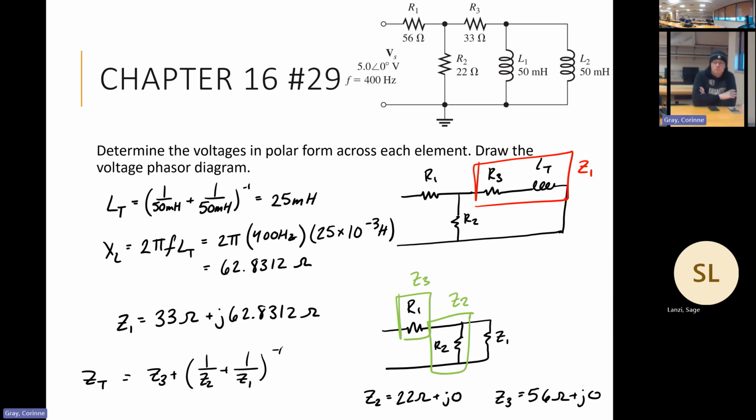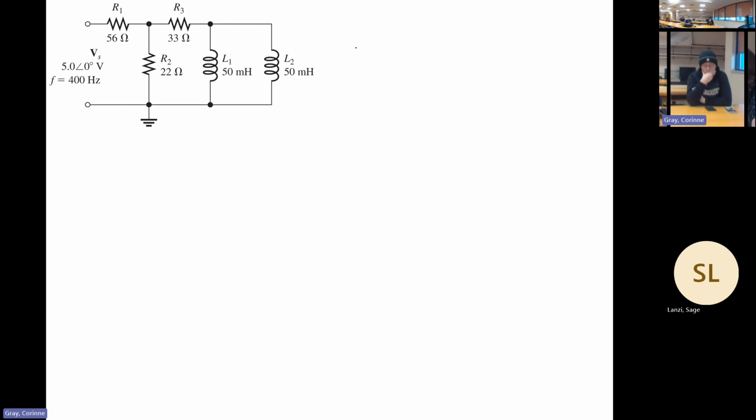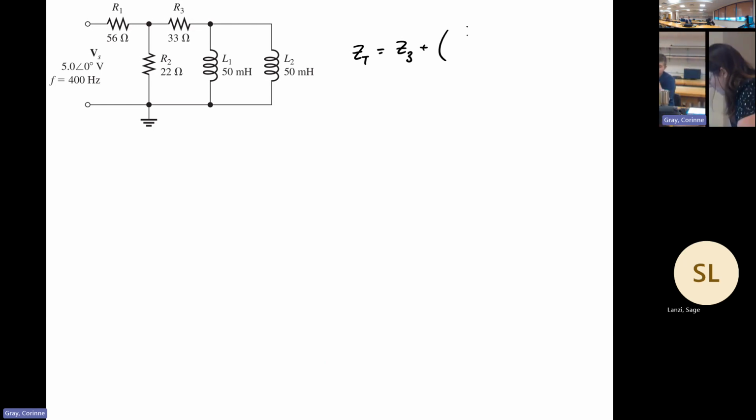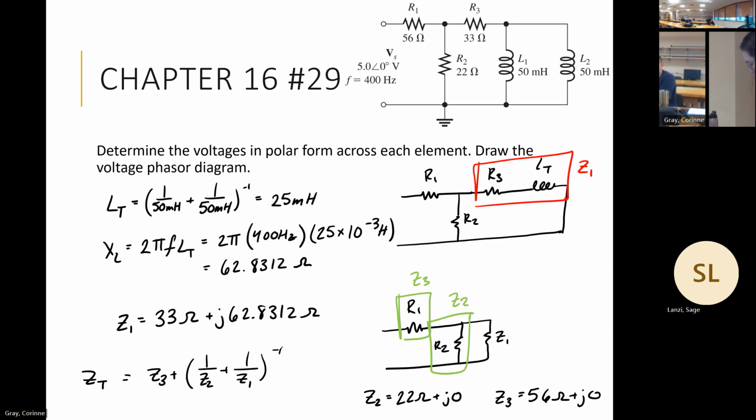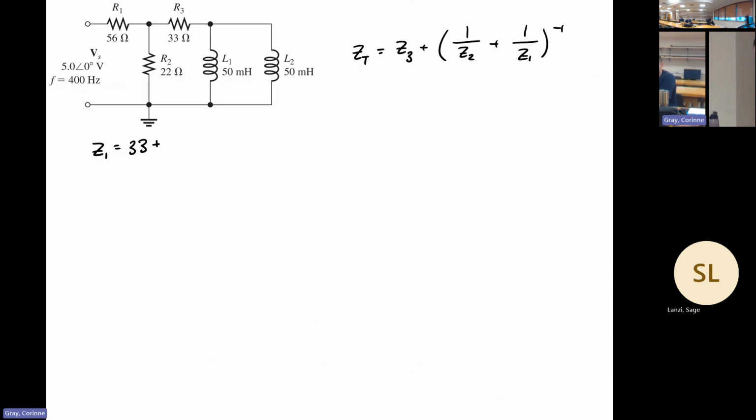So I'm gonna rewrite some of this on the next slide. I know the circuit's still there. We'll rebox some stuff. So our goal for ZT is gonna be Z3 plus 1 over Z2 inverse plus Z1 inverse, where now Z1 is 33 plus, in the case we're running, 20 pi.